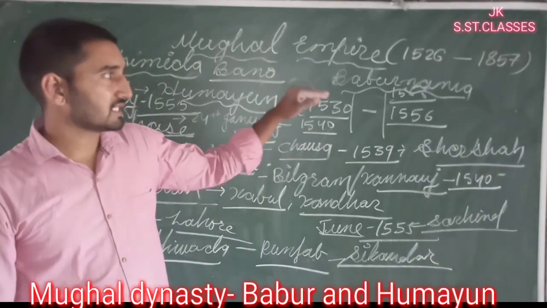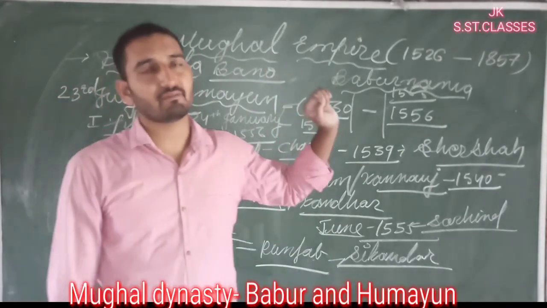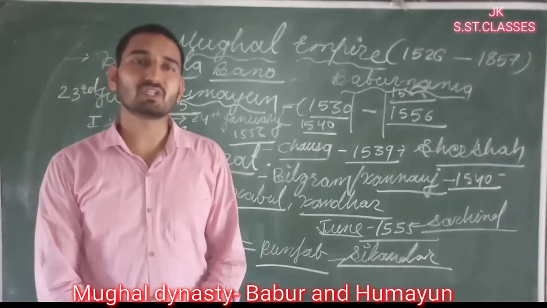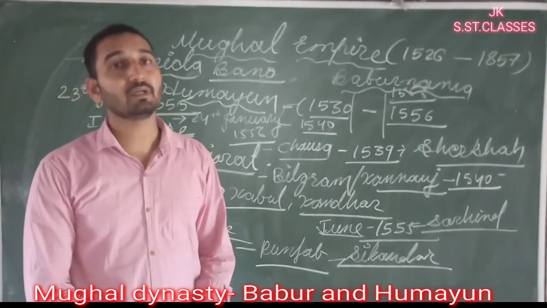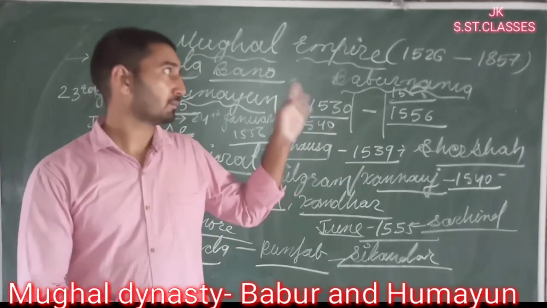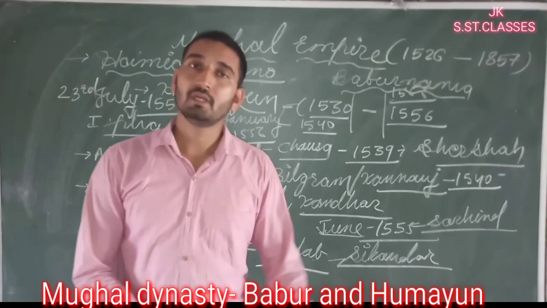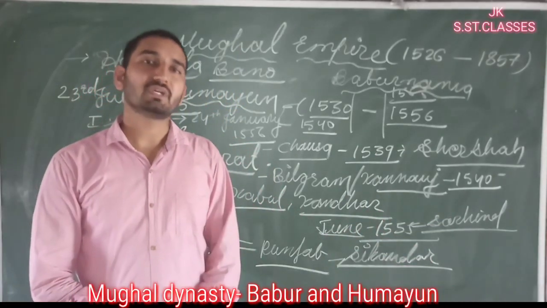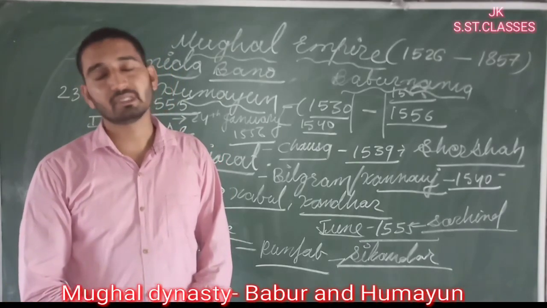This book was written in Turkish language, which was later converted into Persian at the time of Akbar by Abdul Rahim Khan Khana.